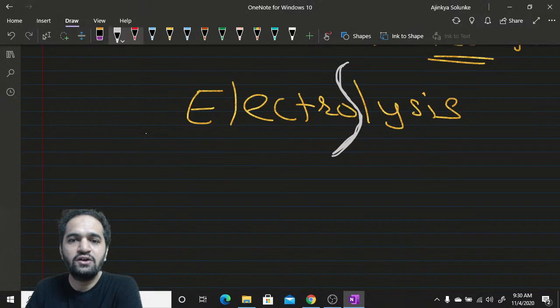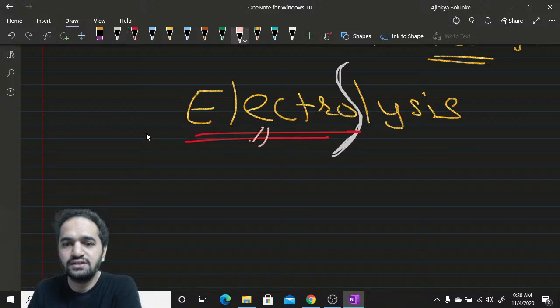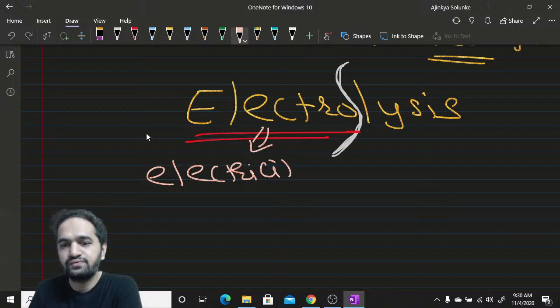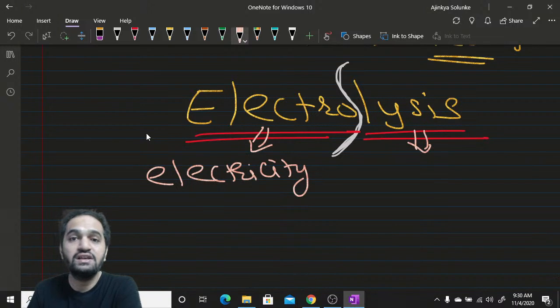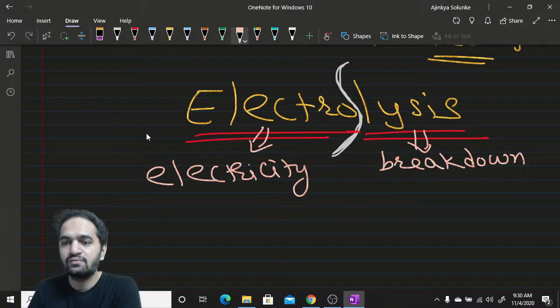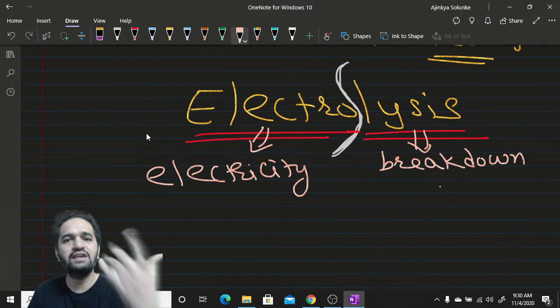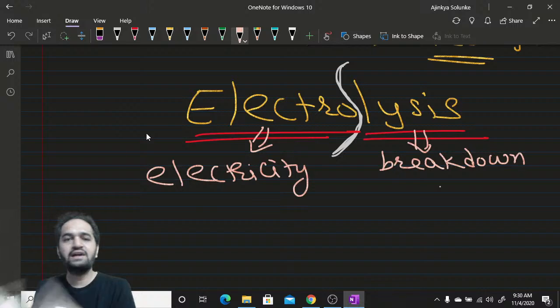What is the meaning of electro? Electro means electricity. And what is the meaning of lysis? The meaning of lysis is breakdown. So can I say the meaning of electrolysis is nothing but breakdown due to electricity of any material or any liquid?